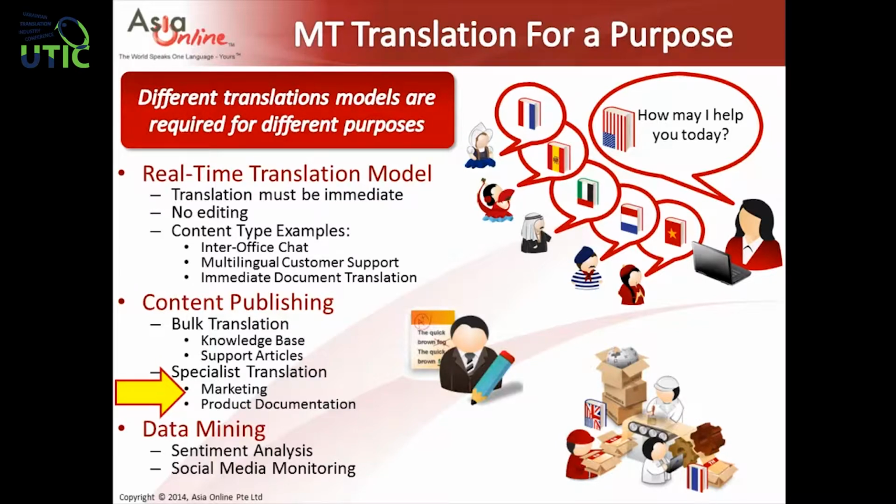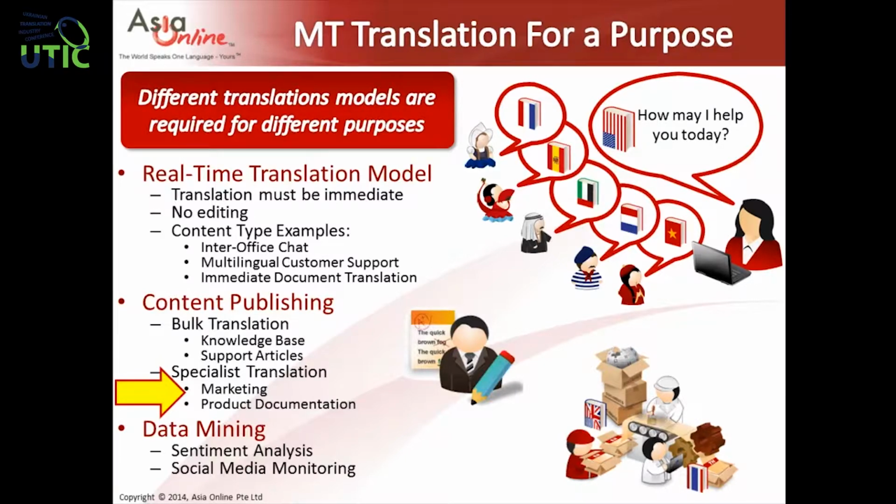It's important to understand that MT is something that has to be adjusted for different purposes. And it's interesting to see that the most common purpose that is used in the professional translation world is where it's most difficult for MT to deliver the right level of service.